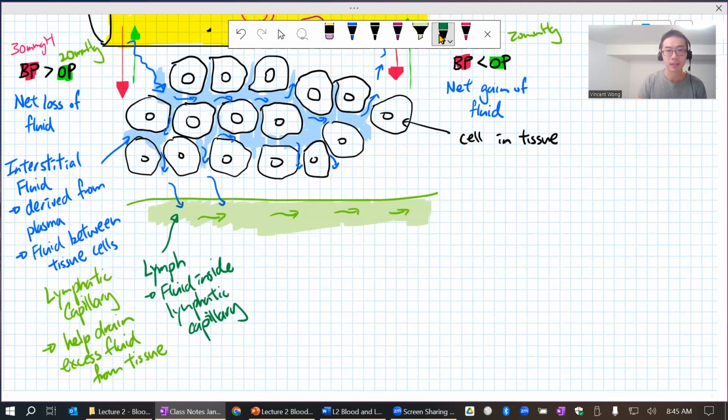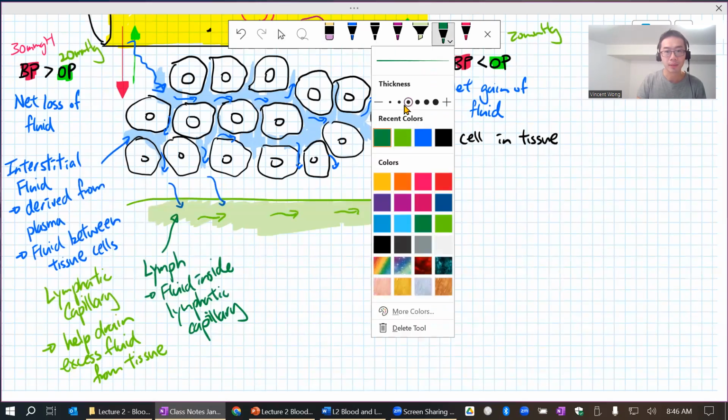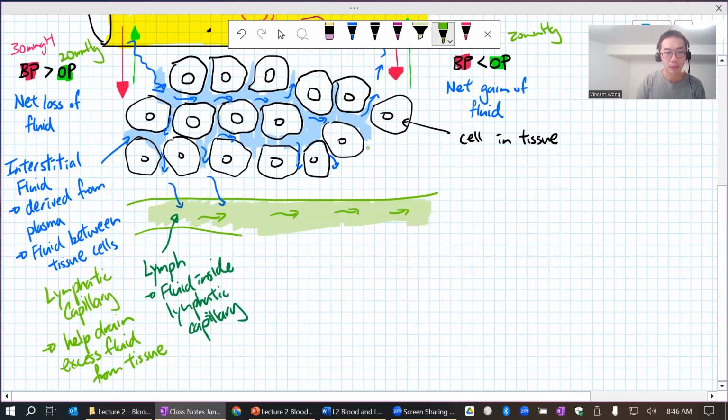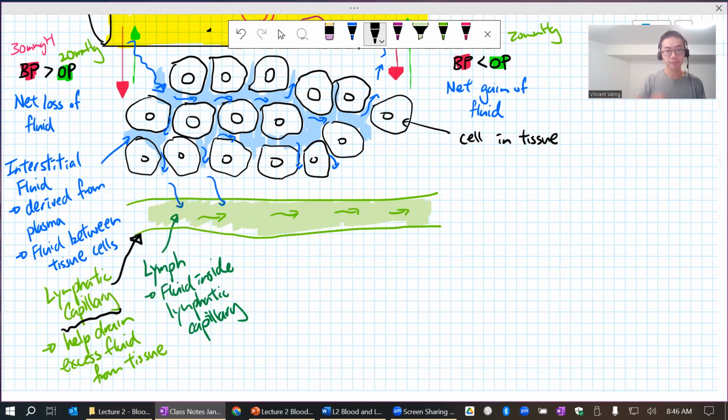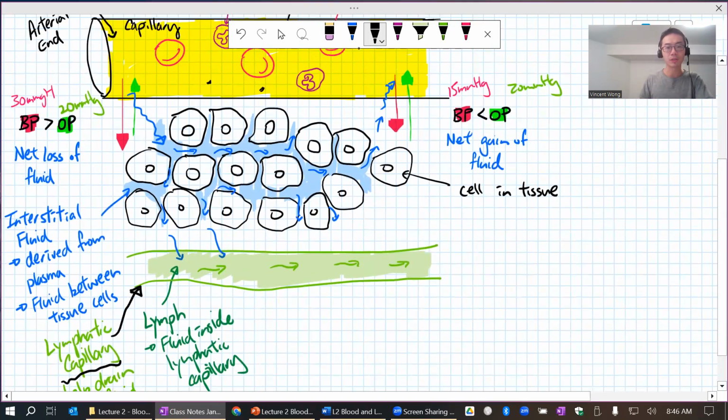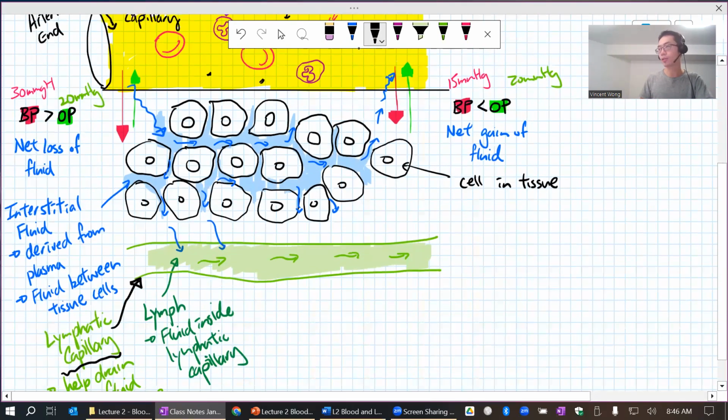Let me maybe use a black arrow. So the lymphatic capillary is like this structure, right? Where does this lymphatic capillary go? Yeah, I'll show you. I just want to make sure that everybody's okay with what's on the screen before we finish the story. Good question, though.